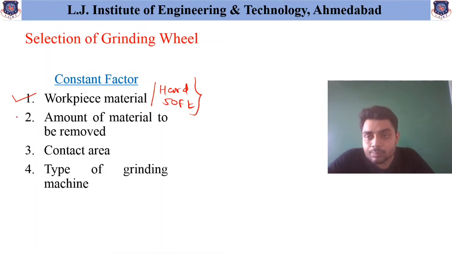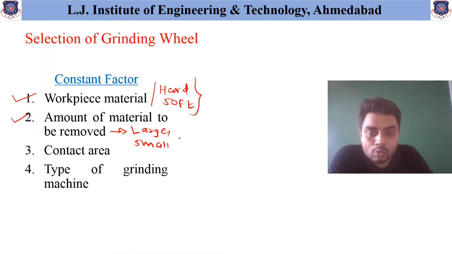Now the second important factor is the amount of material to be removed. That means if the amount of material to be removed is comparatively large, or if it is small, based on this situation one must select the grinding wheel abrasives that are used.